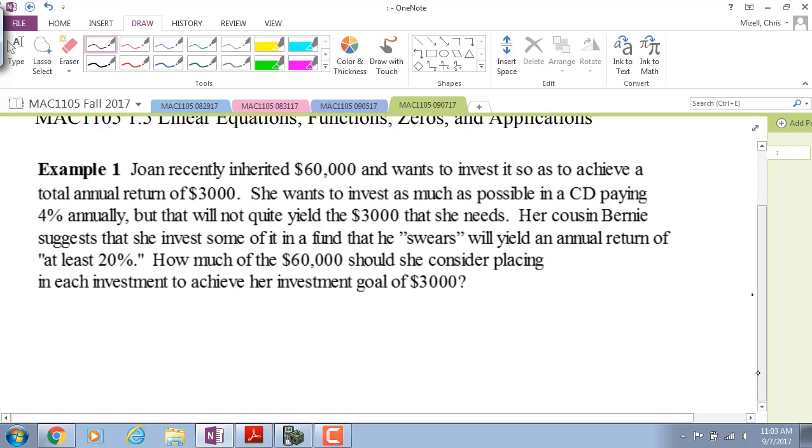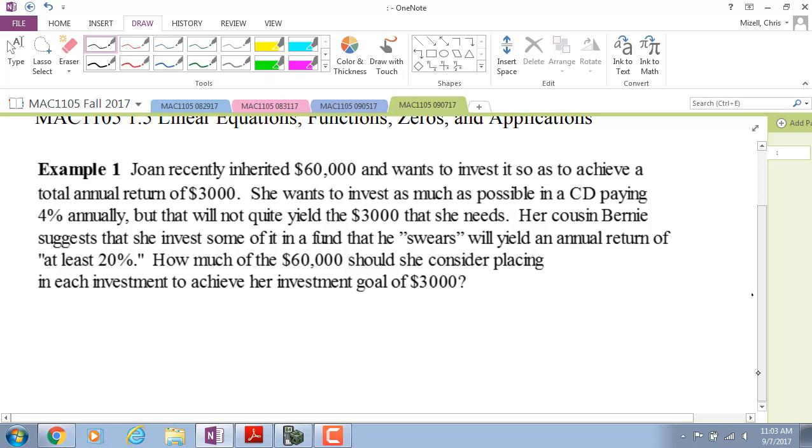Anybody? What is 4% of $60,000? $2,400. So if she puts all $60,000 in the certificate of deposit, that'll earn $2,400 interest, but it won't be the $3,000 that she wants.